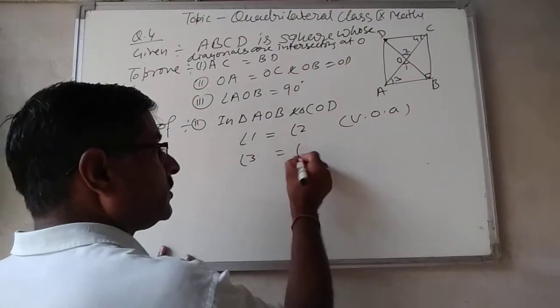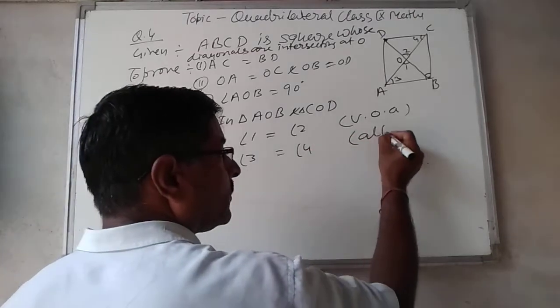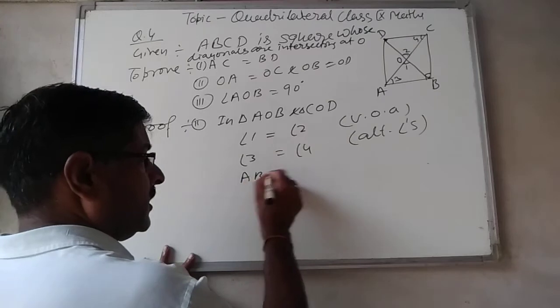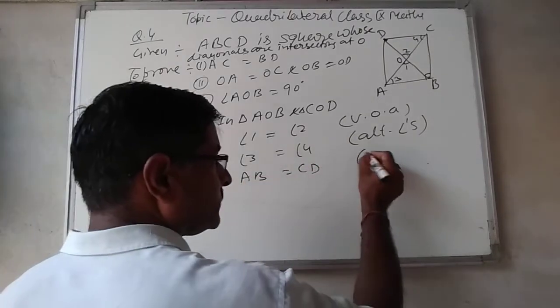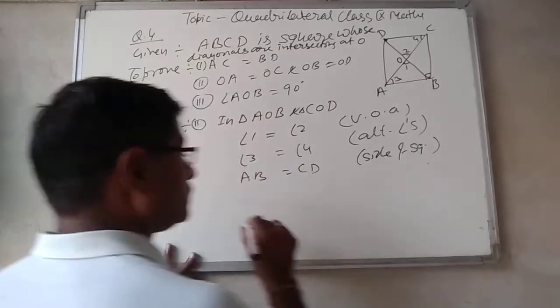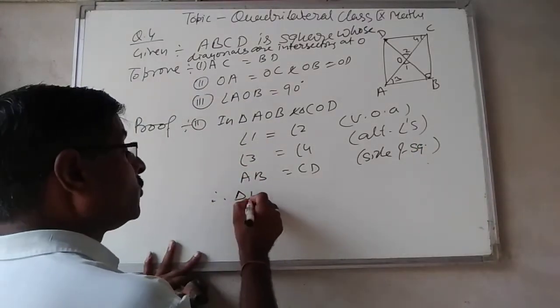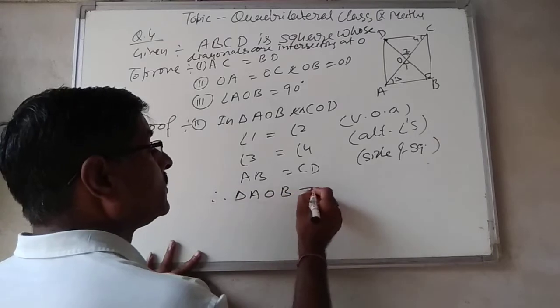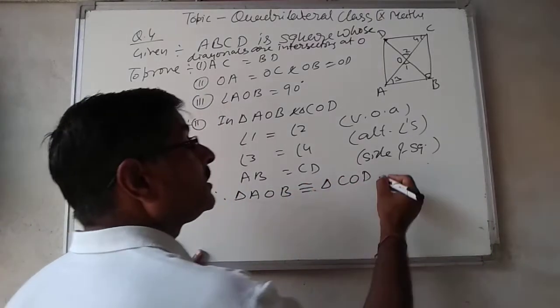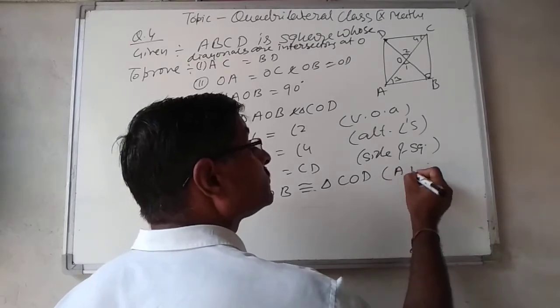Angle 3 is equal to angle 4, alternate angles. AB is equal to CD, side of square. Therefore triangle AOB is congruent to triangle COD by AAS rule.